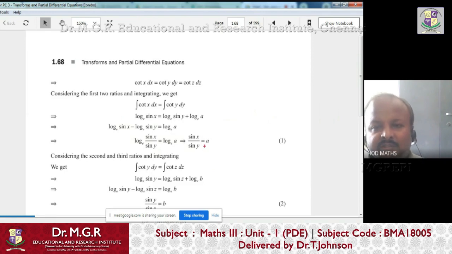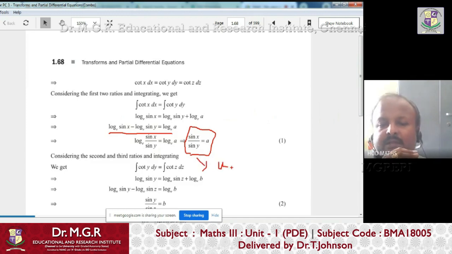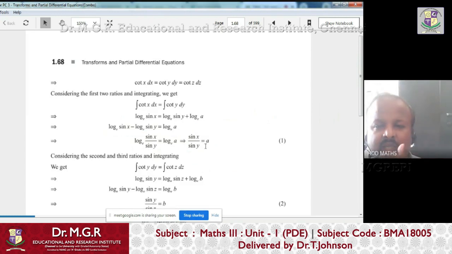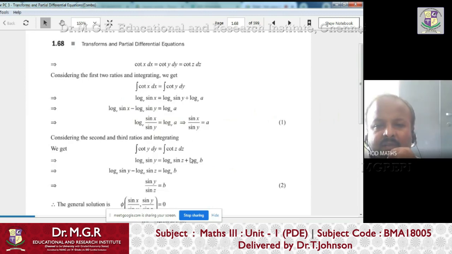So instead of writing like this, writing like this is a very nice manner, so that they take this as the relation, and this sin x by sin y you call it u, right? Now whatever you did for x and y, the same thing you can do for x and z or y and z, because here it is very obvious and simple, since all the things look the same, symmetrical, right?